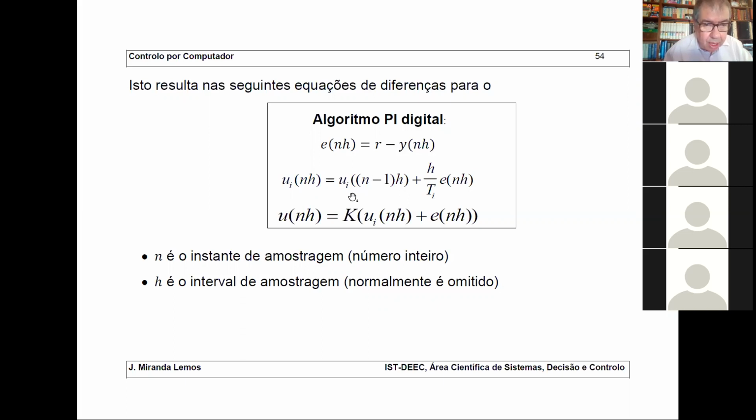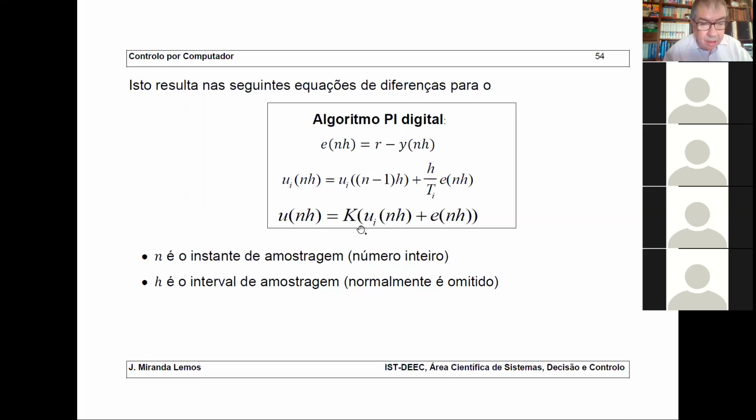Now you compute this intermediate value u_i as the previous value plus this quantity, which is a constant, h divided by Ti, where h is the sampling interval, times the error, the last error that you have computed there, okay?